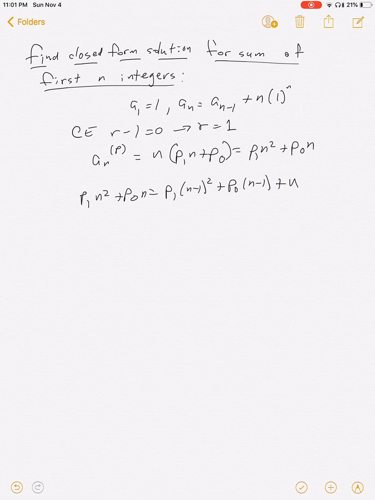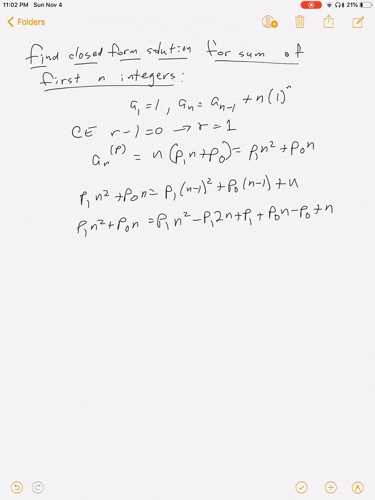And I will expand the binomial there. p1 n squared plus p0 n equals p1 n squared minus p1 times 2n plus p1, plus p0. I'll distribute the p0 into that binomial, minus p0 plus n.